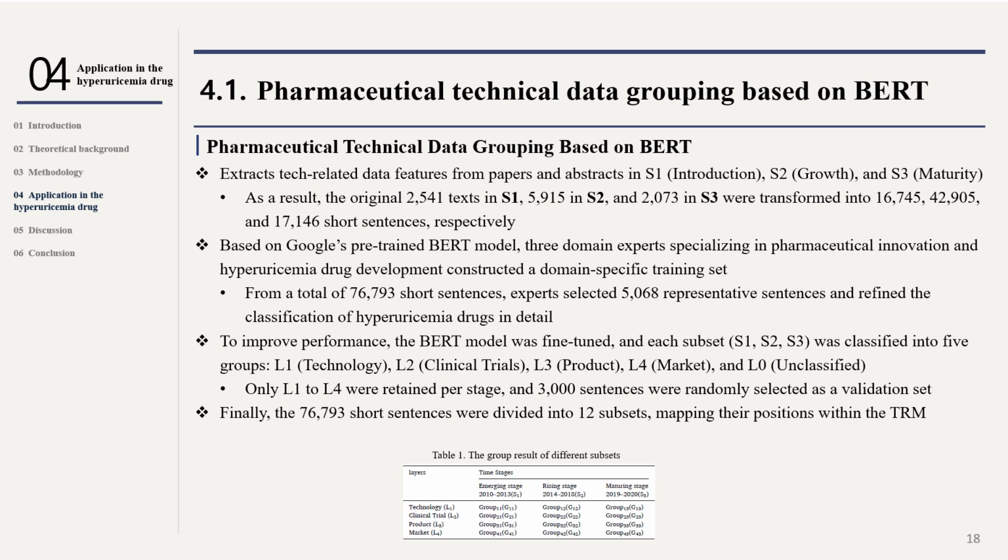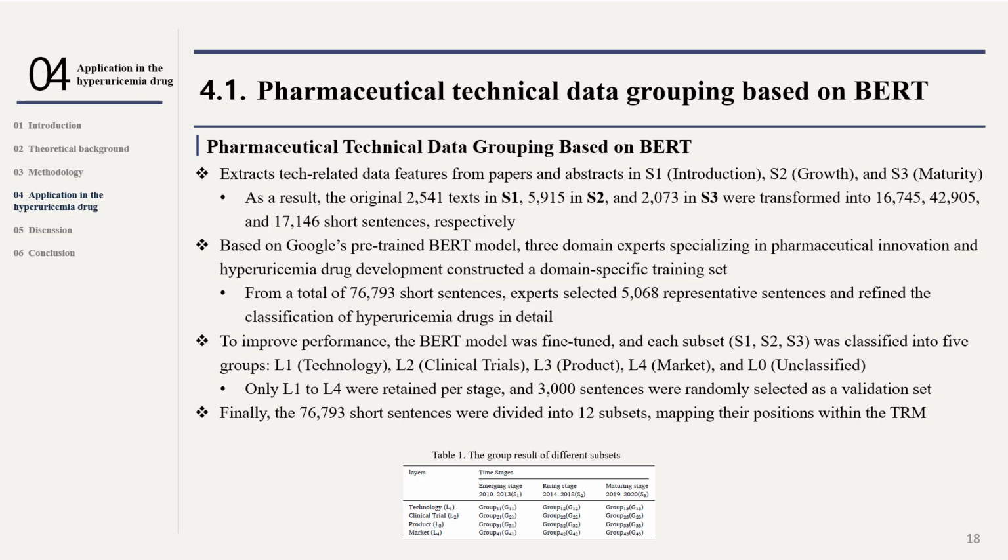Tech-related data features are extracted from papers and abstracts in S1, S2, and S3. Based on Google's pre-trained BERT model, three domain experts specializing in pharmaceutical innovation and hyperuricemia drug development constructed domain-specific training sets.